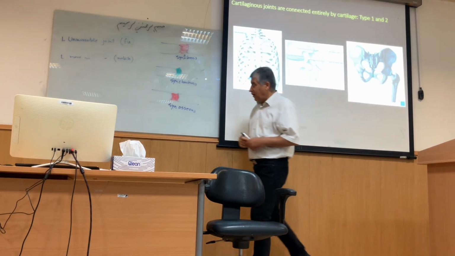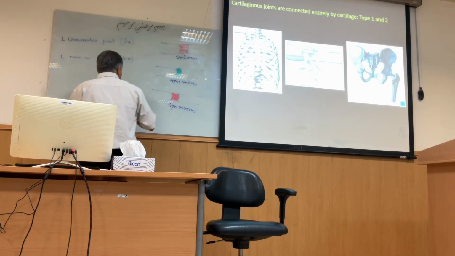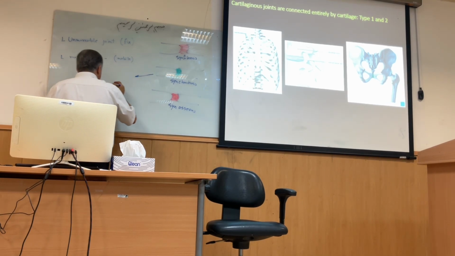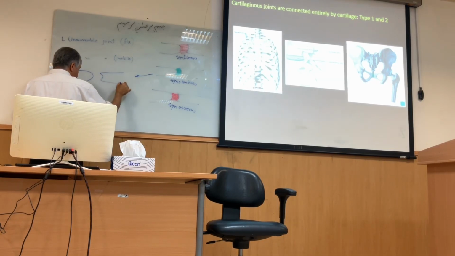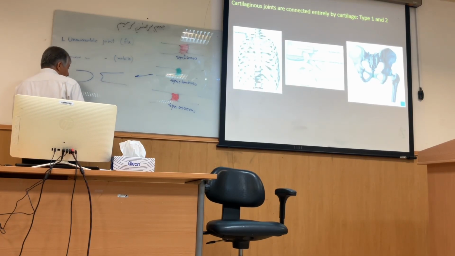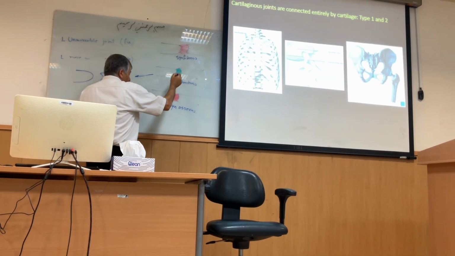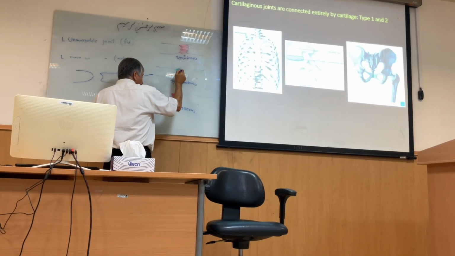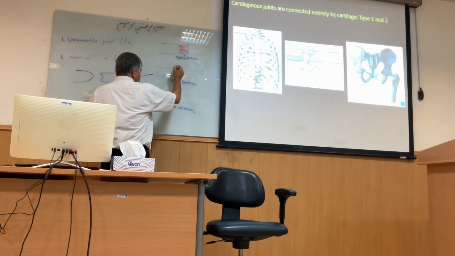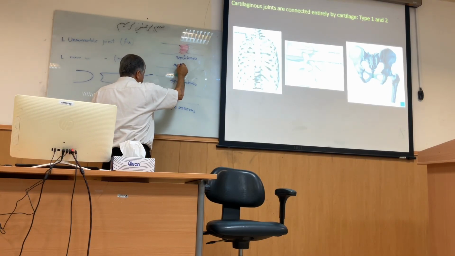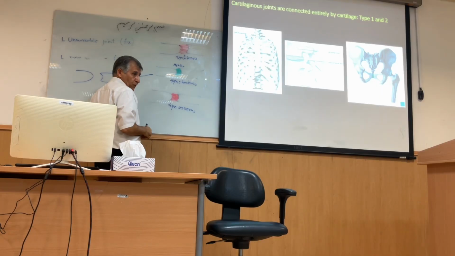But there is another cartilaginous joint. This joint is bone, okay? The cartilage between the bones is hyaline cartilage. Okay.